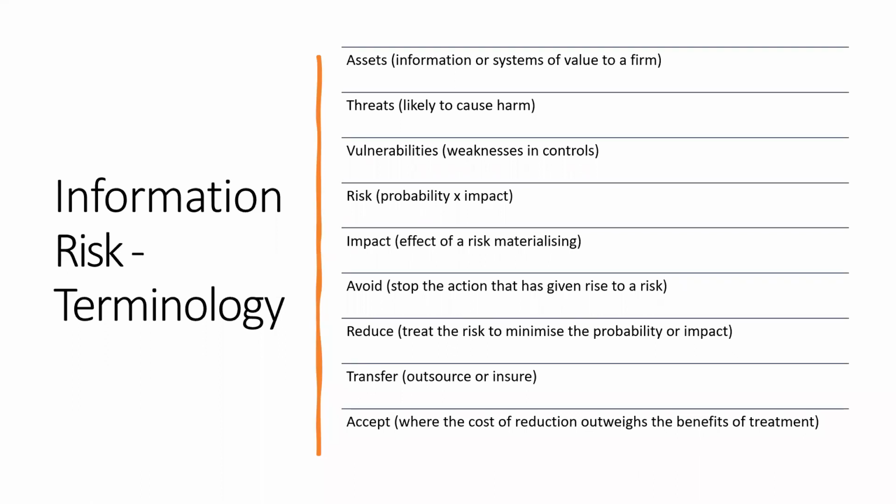Here are further terminologies or definitions. What are assets? That is information or systems of value to a firm. If the information or the system is of no value to the firm, then it is not an information asset.